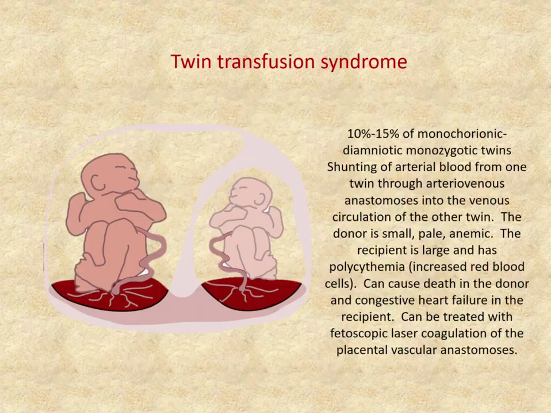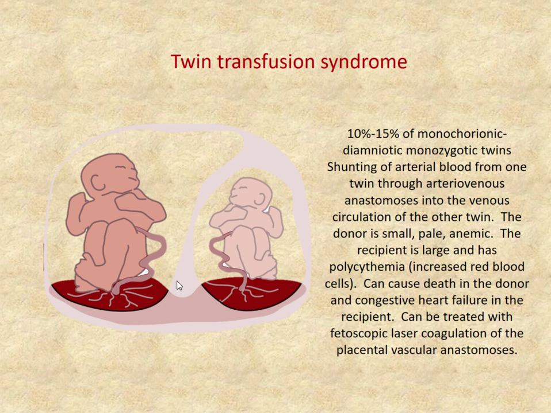That's kind of interesting and can be problematic, but one thing that is definitely problematic is called twin transfusion syndrome, where you have arteriovenous anastomosis between twins. Where a baby should have gotten more blood, it's been shunted over to this baby here.